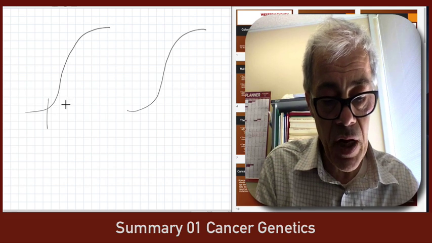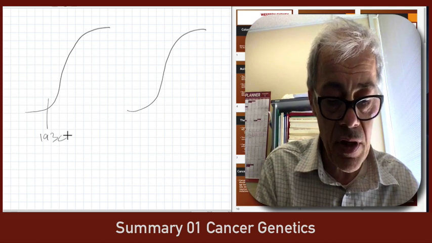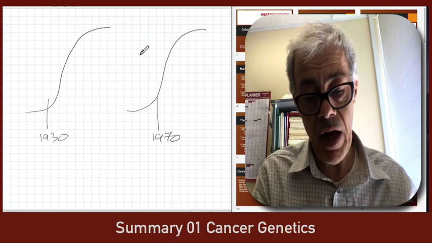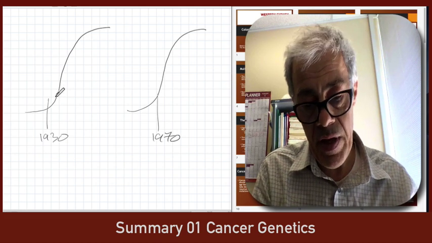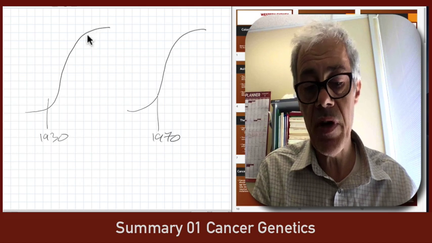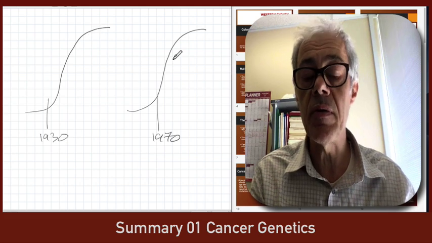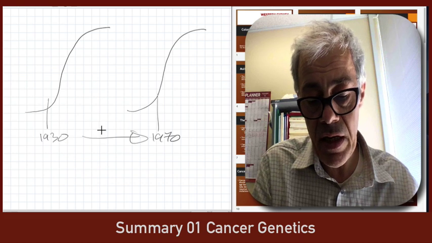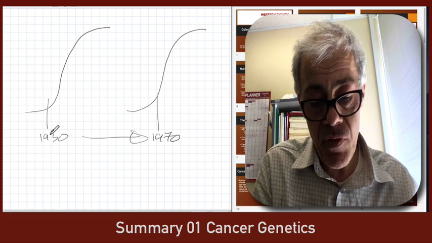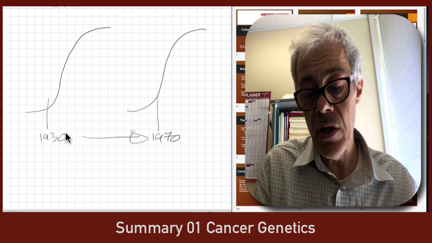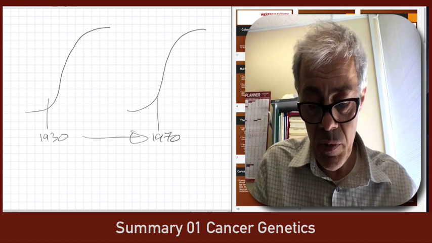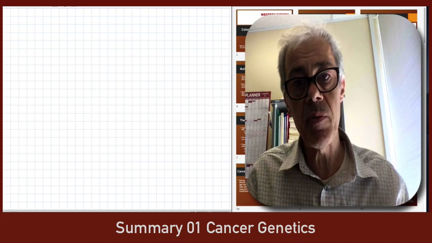If this was the 1930s and this the 1970s, then the uptake of smoking is mirrored by the development of cancer. So this is clearly indicating a long time frame from the exposure to the occurrence of the disease, which gives a bit of a hint about what's going on.